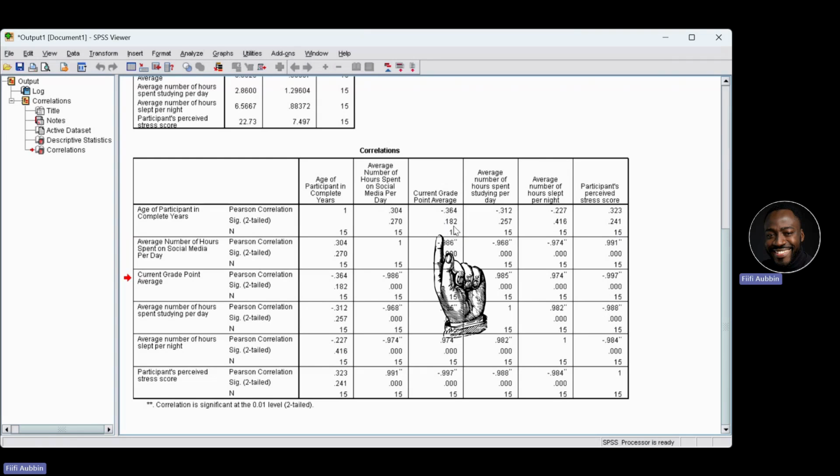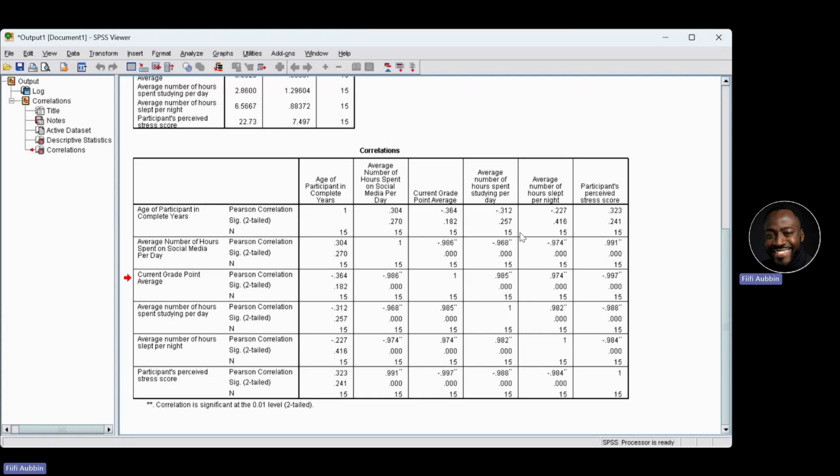And similarly, the relationship with the study hours, I beg your pardon, sleep hours and stress score all have p-values greater than 0.05. And because every p-value is greater than 0.05, we conclude that age is not significantly related to any of the other variables in this dataset.